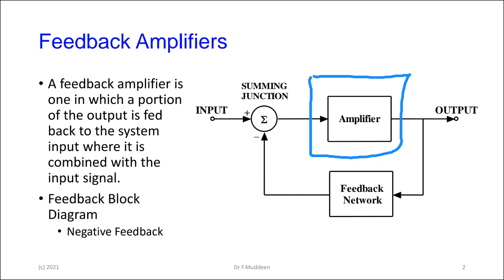On the other side, if you took some part of the output and the feedback was positive, where it added to the input, then the output of the system tended to behave in a different way. It would either go until it's saturated, or it would create some sort of performance which may be desirable, for instance, in oscillators.